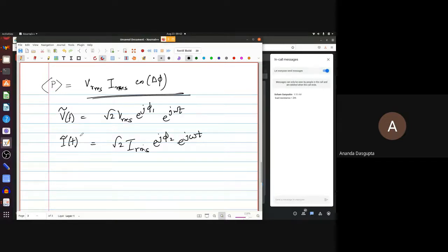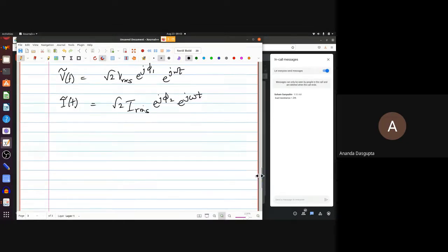But if you want to write everything in terms of the complex voltages and currents, now why would you want to do that? Simply because your calculation throughout has been in terms of the complex voltages and currents. So it's a bit of a bother to suddenly switch to taking the real part and working with it. So it would be nice if we could get a formula which uses directly the voltages and currents.